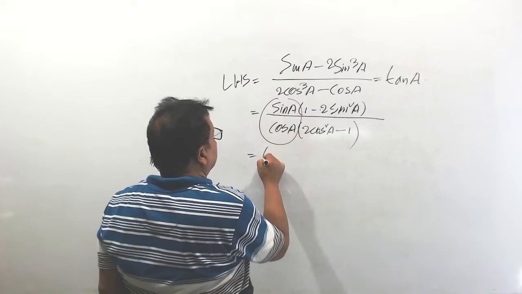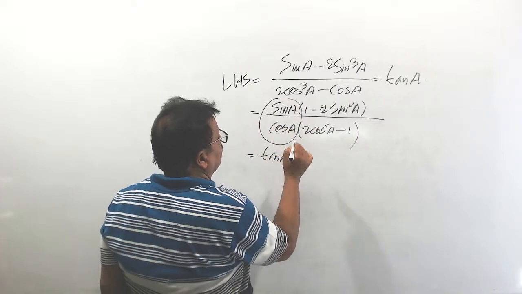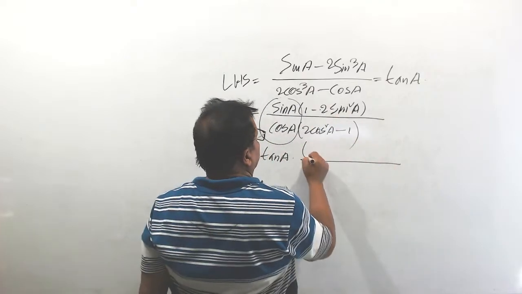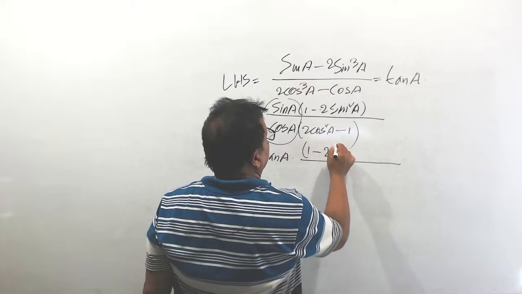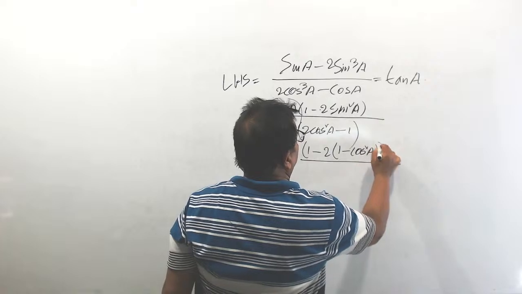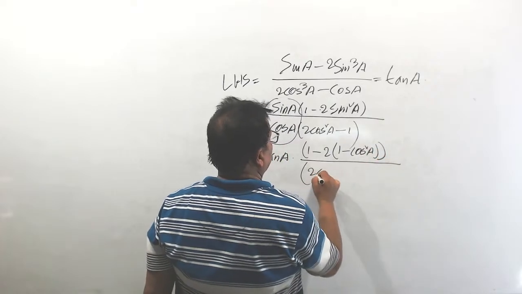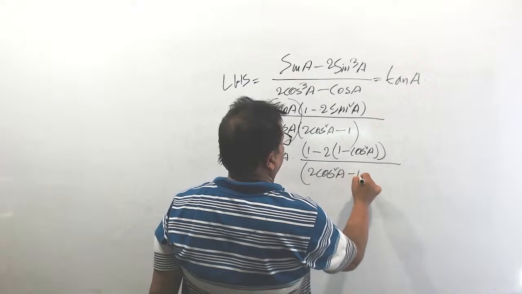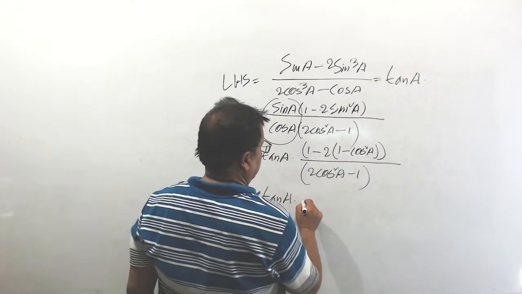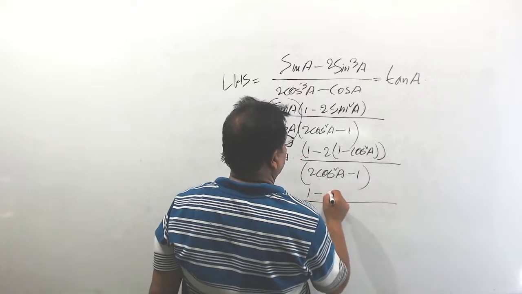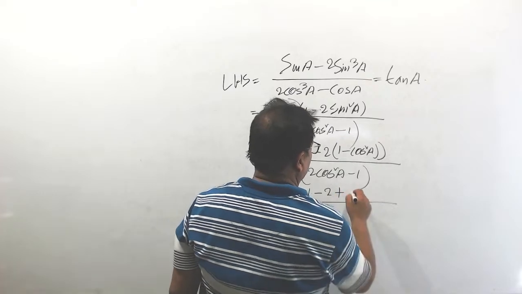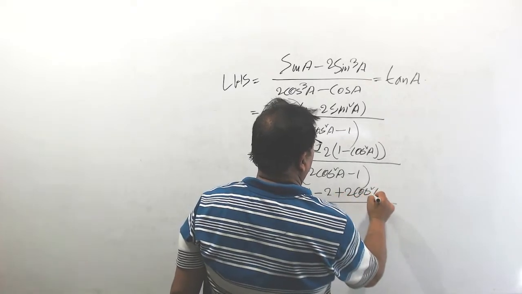Sin A by cos A, tan A. Right? Now simplify. 1 minus 2 sin square A means 1 minus 2 into 1 minus cos square A, that is 1 minus 2 plus 2 cos square A. Understood?